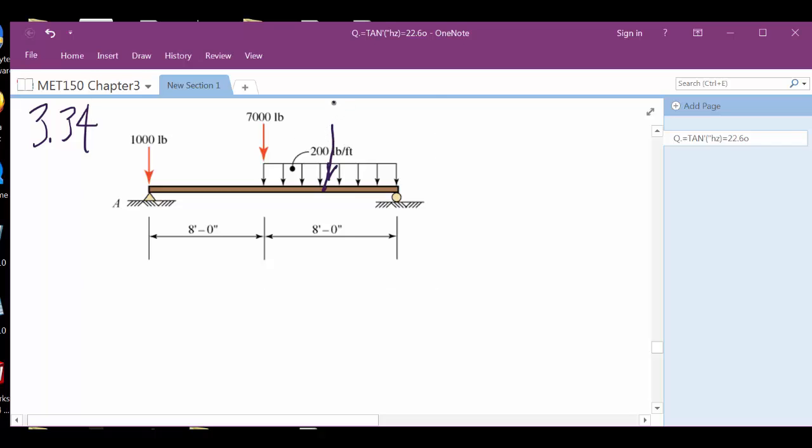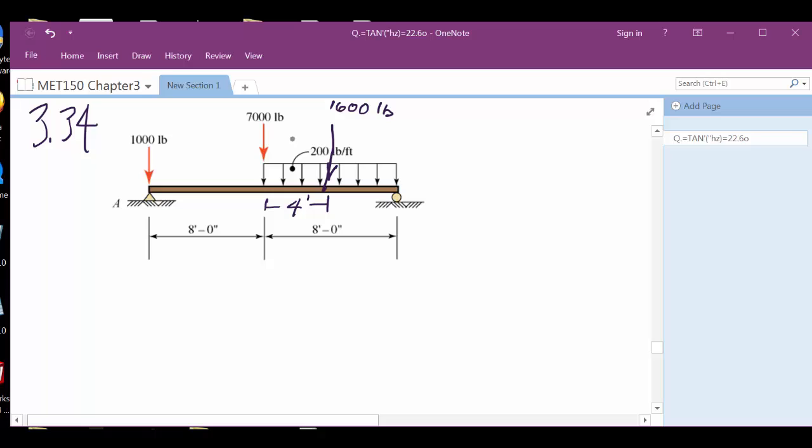That is 1,600 pounds, and then this distance from here to there is 4 feet, right? So then you'd add 1,000, 7,000, and 1,600.